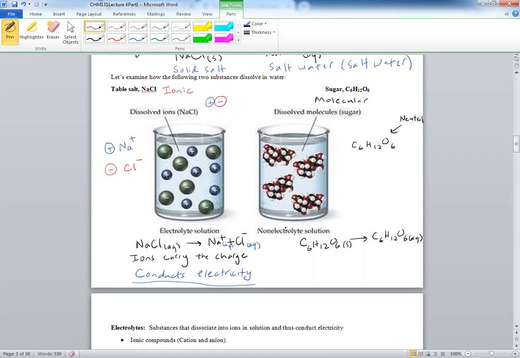So in this case, what you have is a neutral solution. There are no charges. So we say here that this is neutral molecules. And of course, it does not conduct electricity.